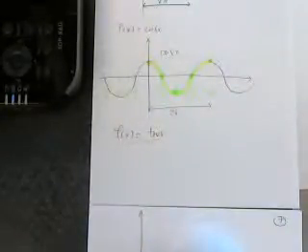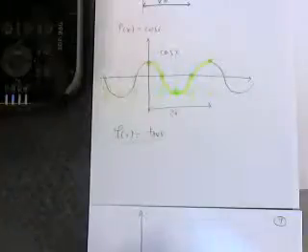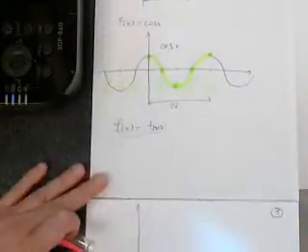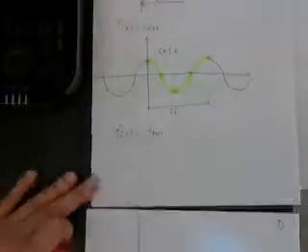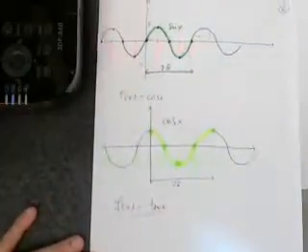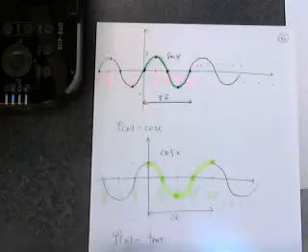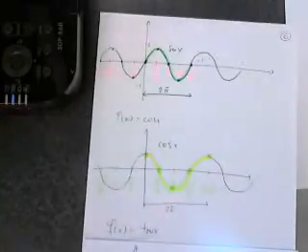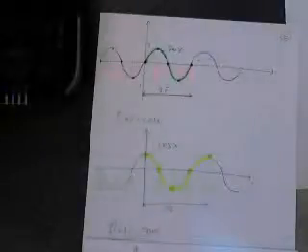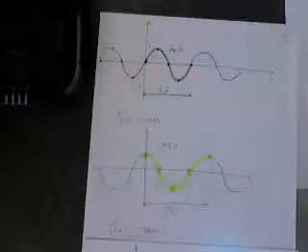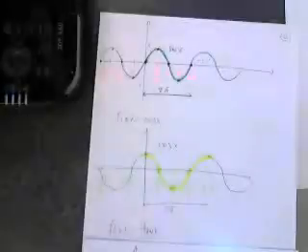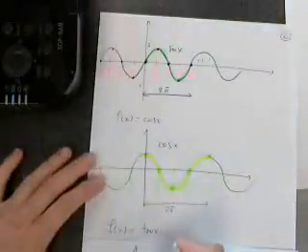Pi over 2, pi, 3 pi over 2, 2 pi, negative pi over 2, negative pi, negative 3 pi over 2, and so on and so forth. Okay. Can anyone give us a definition of tangent? What does tangent equal to?